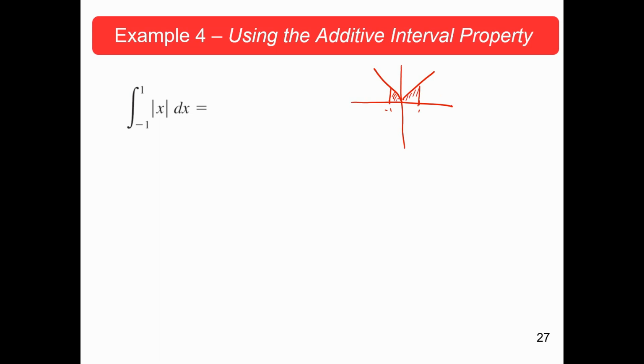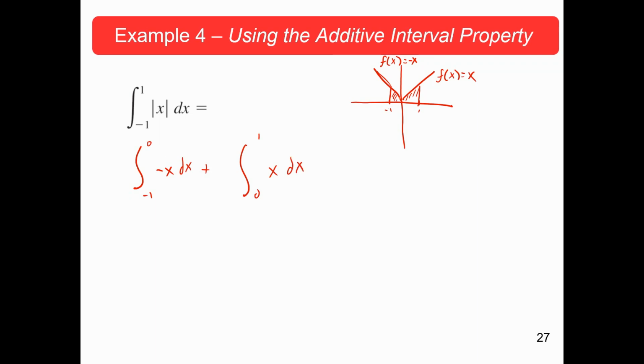Here, this is the graph of f of x equals negative x, whereas this is f of x equals x. So I can break this up into two separate integrals, from negative 1 to 0 of negative x, plus from 0 to 1 of just x. Don't forget our dx's, right?